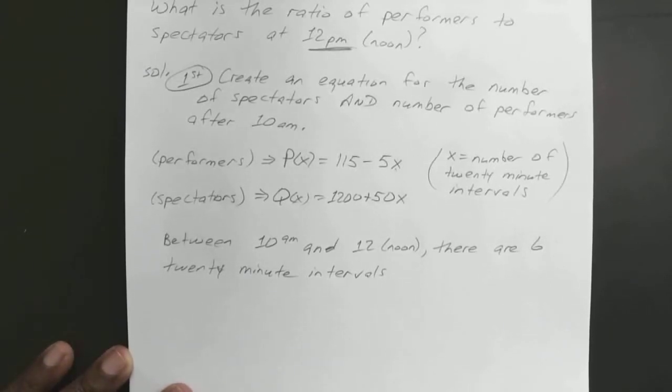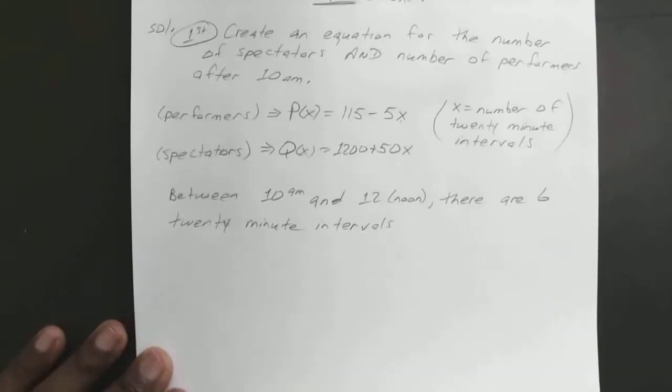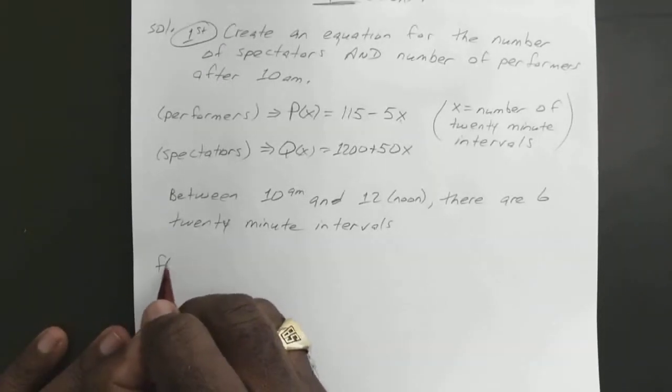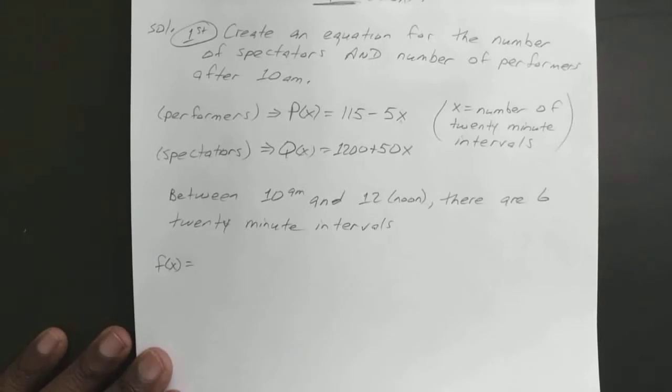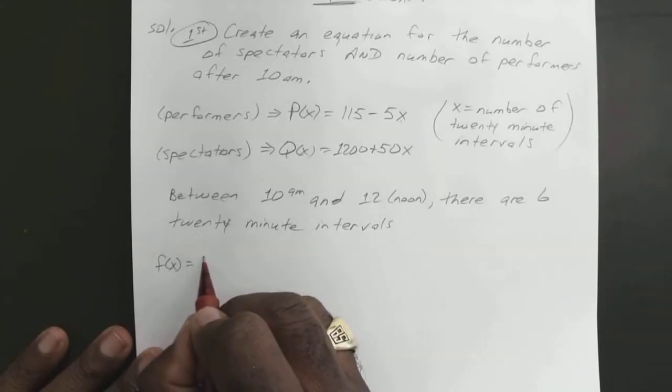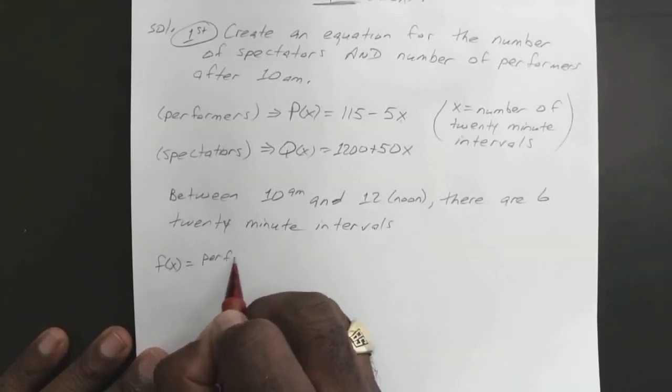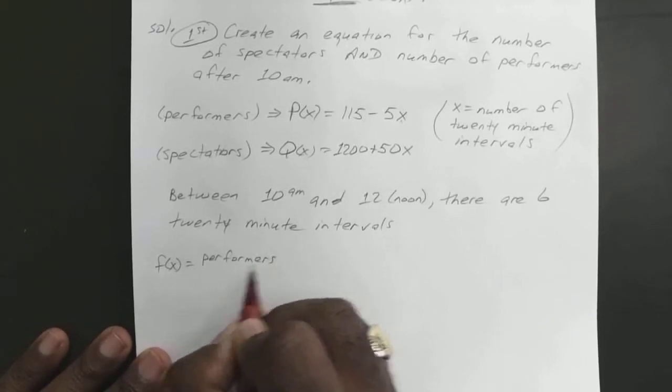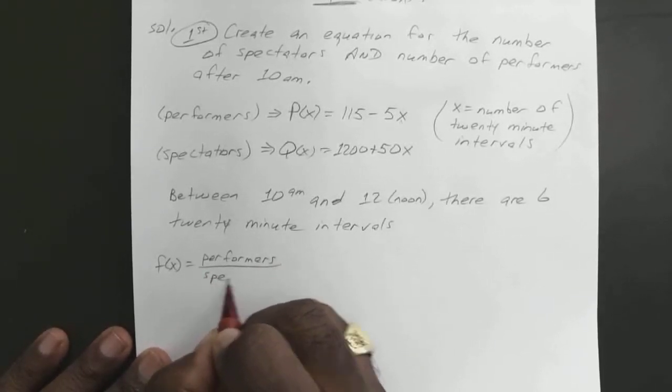Okay. Now for your ratio of performers to spectators, we'll make that some f of x equals performers to spectators.